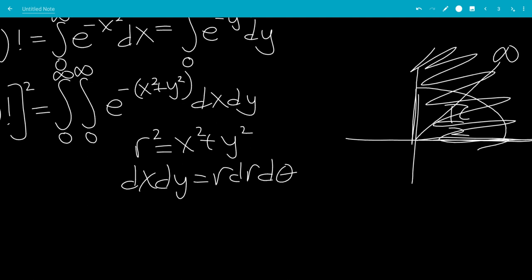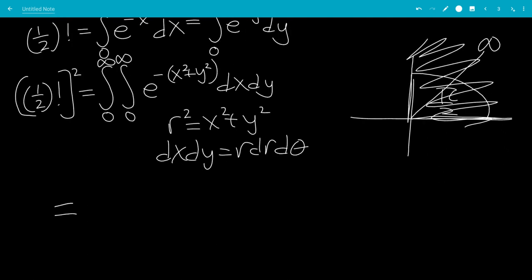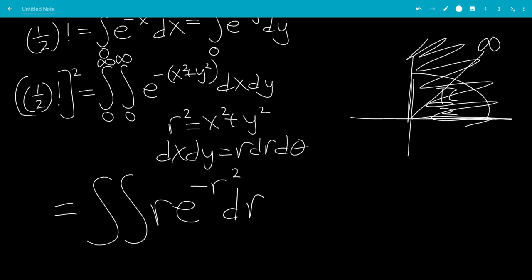So that's a 90-degree angle. So this will be the double integral. Let's write the r first. So we have r e to the minus r squared dr d theta from dx dy with the r in the front. And theta will go from 0 to pi over 2, like we said, and r will go from 0 to infinity because it's the whole first quadrant.